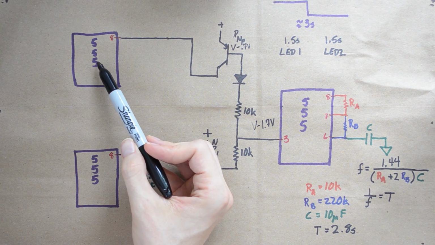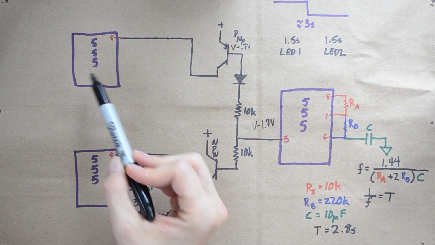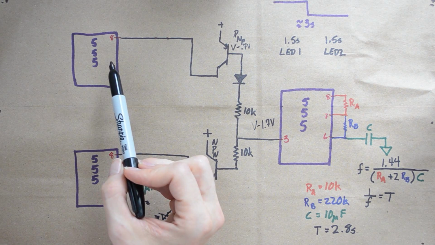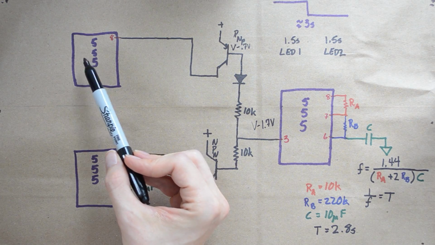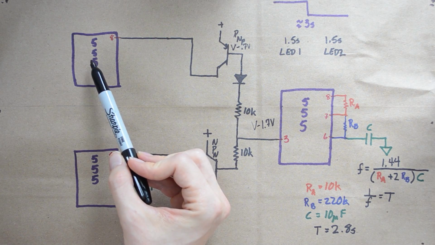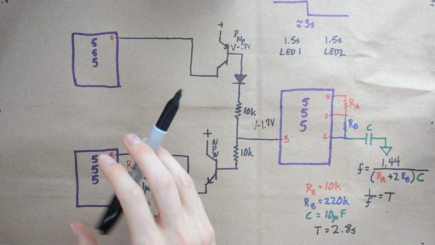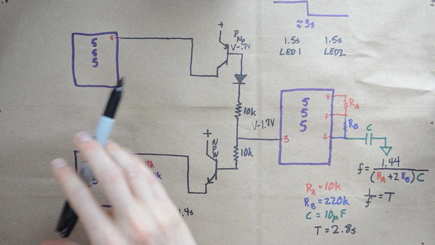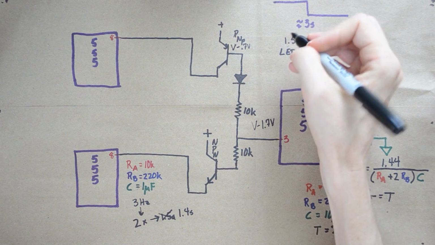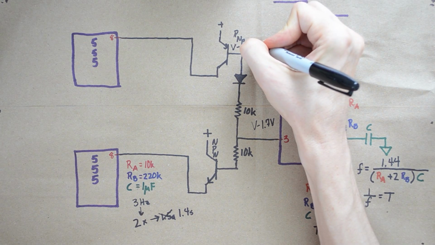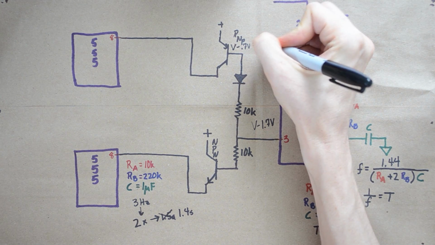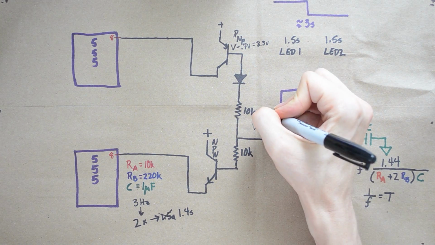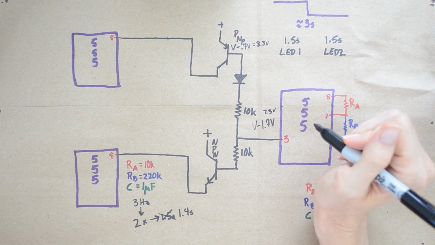In other words, this 555 timer barely turns on, and so you never get a complete state where the lights blinking on this 555 timer go completely out. They just go dim on you. I hope you understand that. So if this is at 9 volts, then this base is going to be at 8.3 volts. This output is going to be sitting at 7.3 volts.